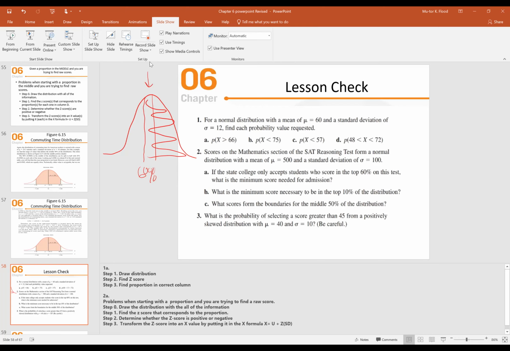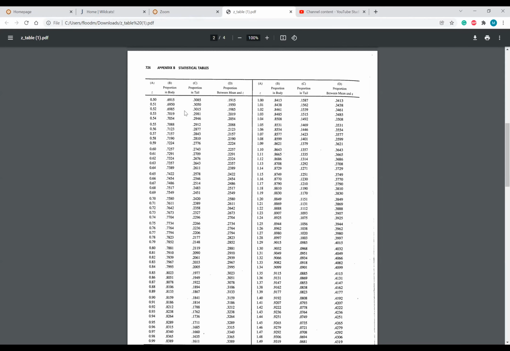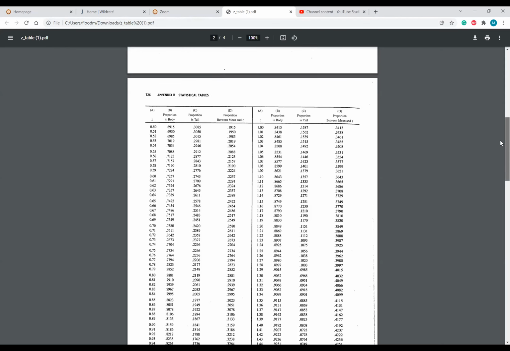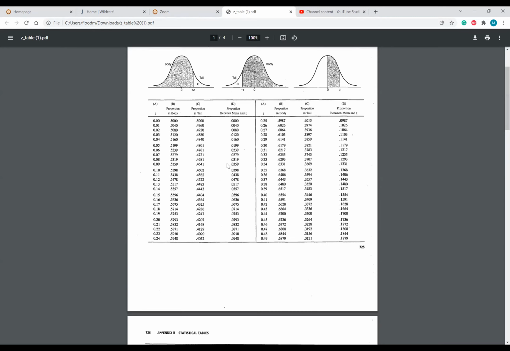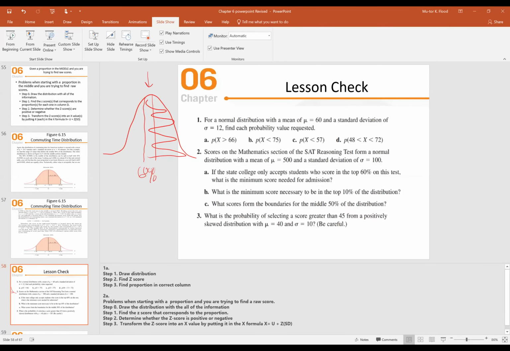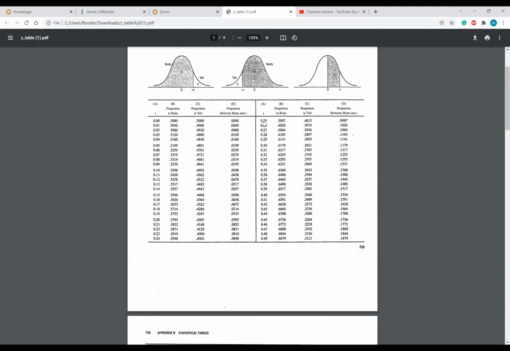We go to our unit normal table and find the number that's closest to 0.6000 in the body. The closest number is 0.5987, which corresponds to a z-score of 0.25.